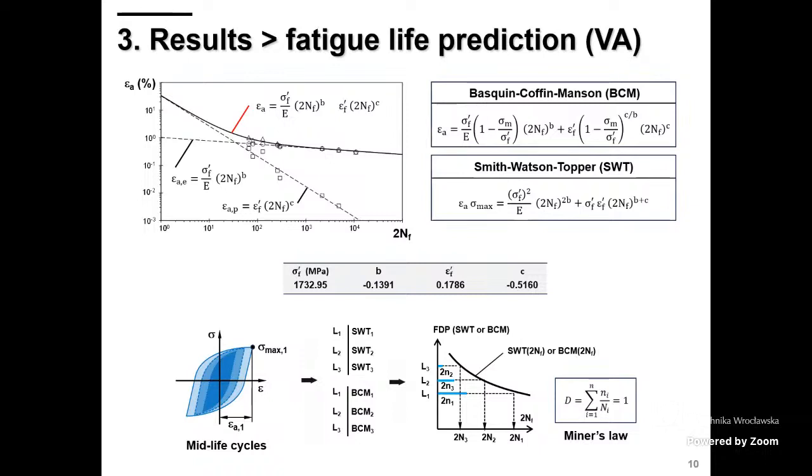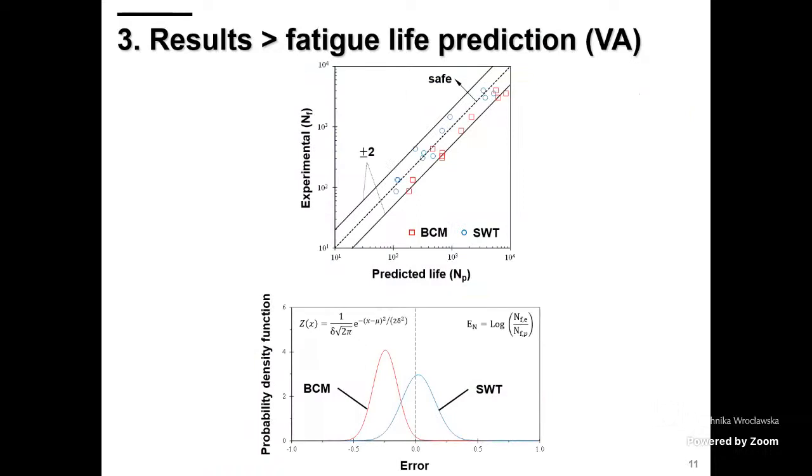We combined the midlife cycles selected as I explained before, together with Miner's law. Basically, we calculate the values associated to these two models for each midlife cycle, and then we sum the damage, and based on these calculations we can estimate the fatigue lifetime.